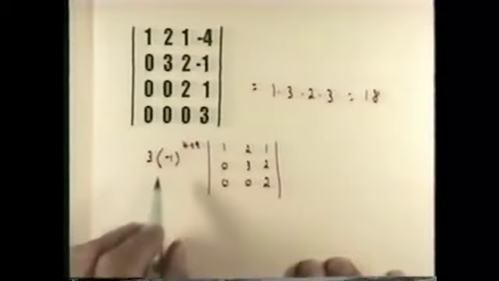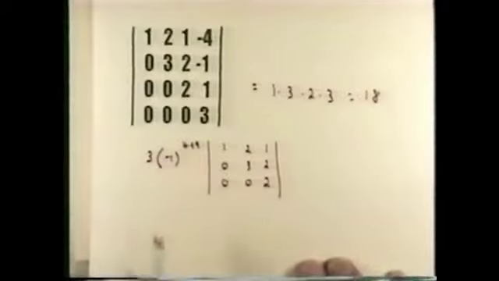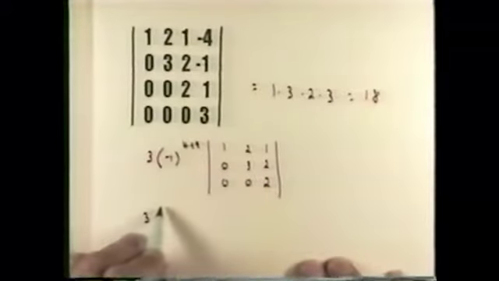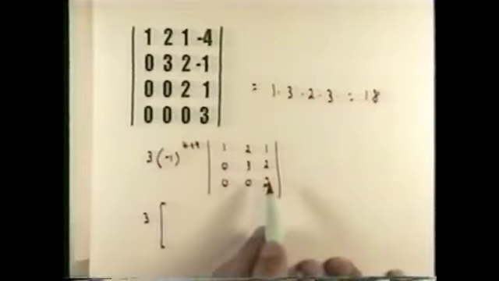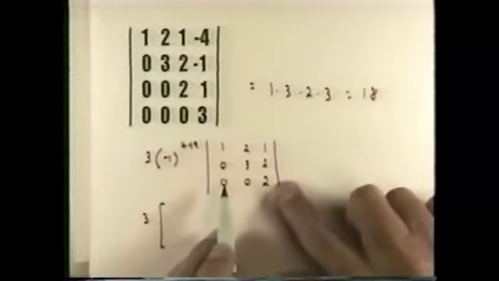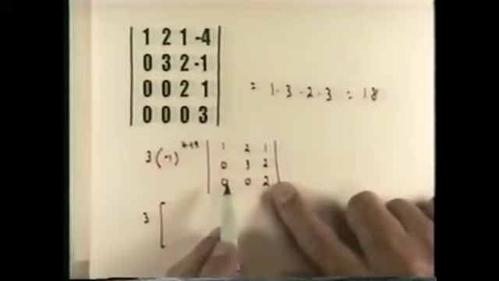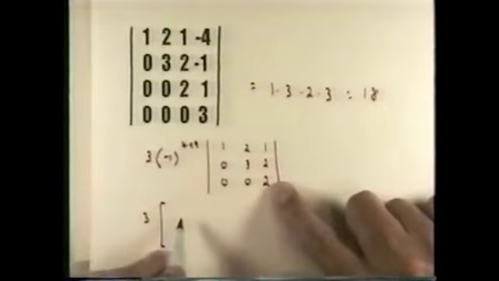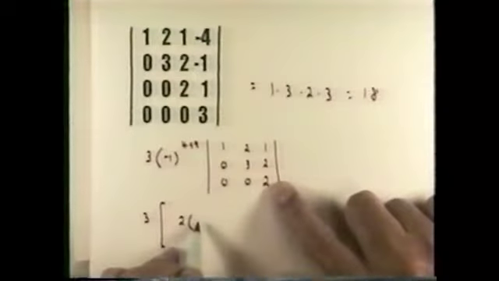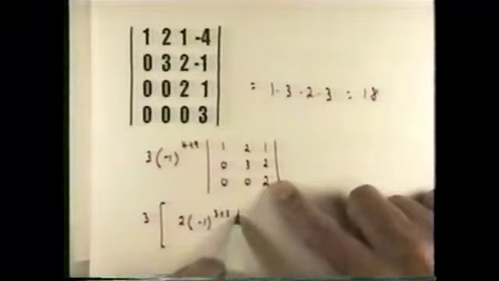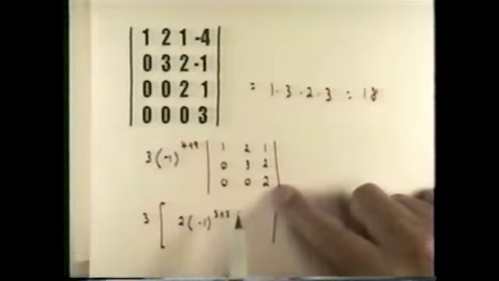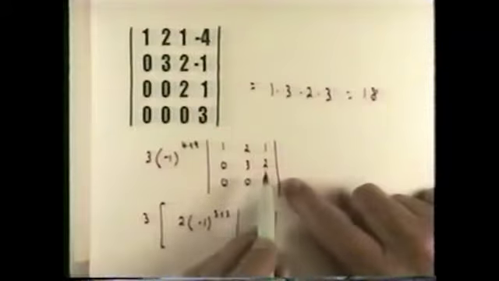So that's going to be 3 times this one. To evaluate this, I'm going to expand around row 3. This would be 0, this would be 0, so it's going to be 2 times negative 1 to the 3 plus 3 times the determinant if I take out row 3, column 3.